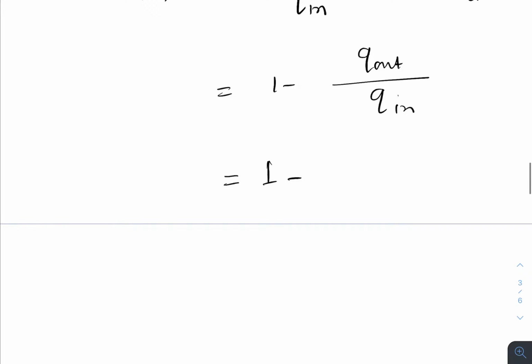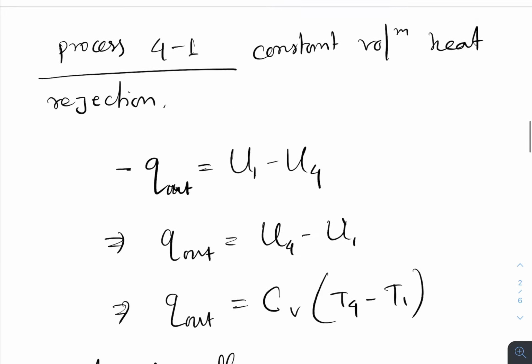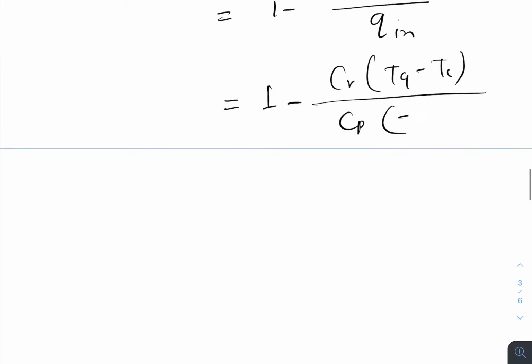So we know all of those. So 1 minus Q out, which we just derived, Cv times T4 minus T1, over Q in, Cp times T3 minus T2, which is the thermal efficiency of the diesel engine.